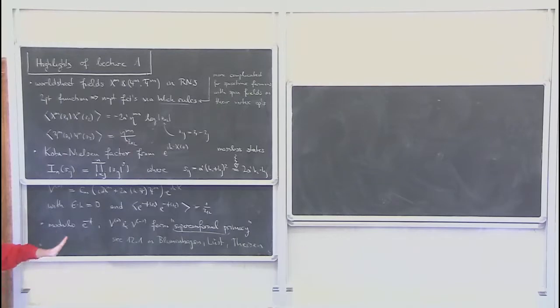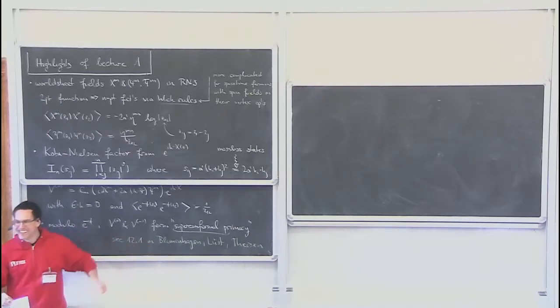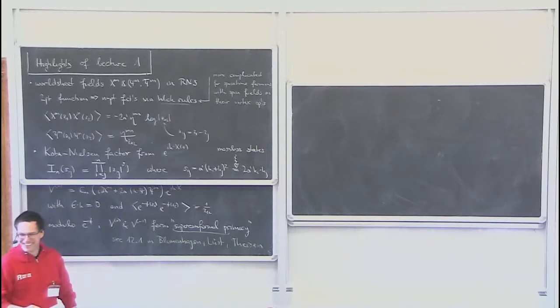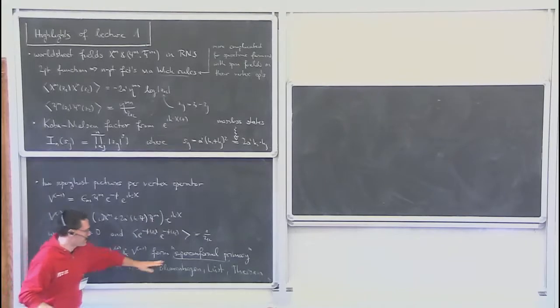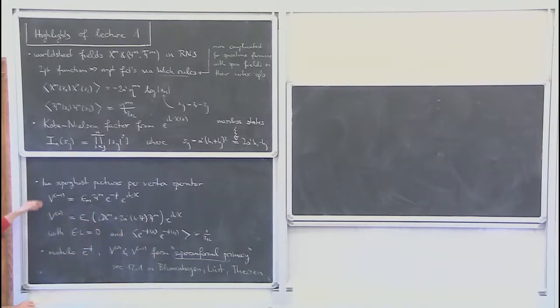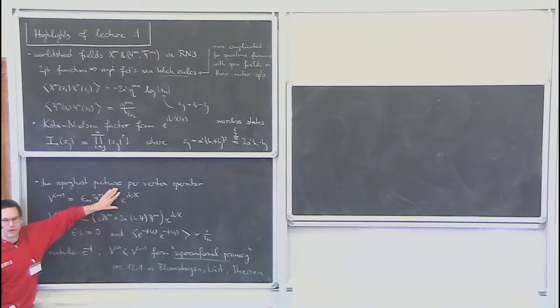There are many nice textbooks on the market, but this is the one where I happen to know the section. Yeah, so if you want to know the reason for my claim that these guys form a superconformal primary, please consult this section. And of course, that statement about superconformal primary is meant to be modulo the ghost field here.